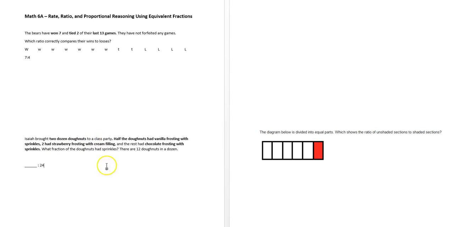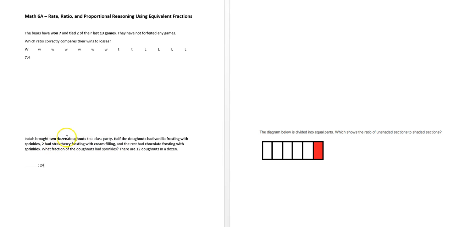So that number will go here. Now we're looking for the number that had sprinkles. Well, the half that had vanilla frosting and sprinkles are going to be in that group. And then the rest had the chocolate frosting and sprinkles, so the rest of what? It's the rest of the second half minus these 2.